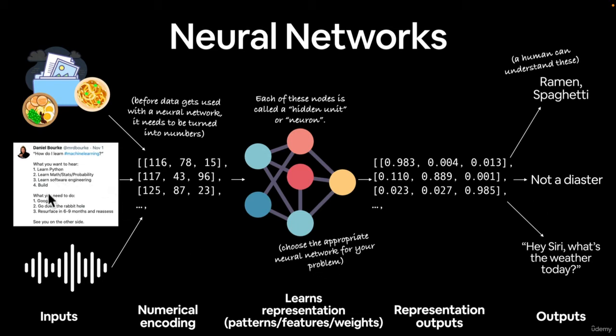So we've written code to turn this into numbers, pass it through our neural network. Our neural network has learned some kind of patterns, and then we ideally want it to represent this tweet as not a disaster. And then we can write code to do each of these steps here. And the same thing for these inputs going as speech, turning into something that you might say to your smart speaker, which I'm not going to say because a whole bunch of my devices might go off.